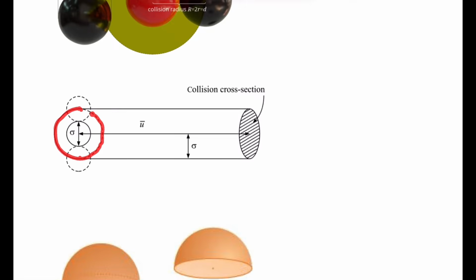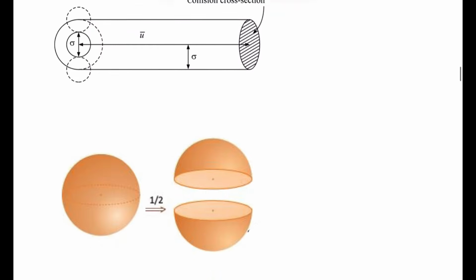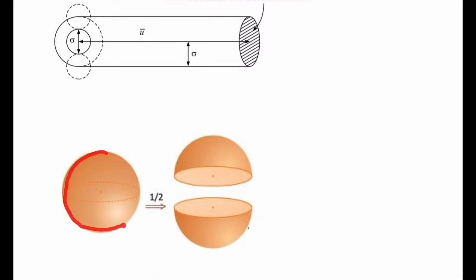And due to this, now you can see there is an imaginary sphere around gas molecule 2. And this is that imaginary sphere. If you slice this sphere through the center, it will be divided into two equal halves, and this is the newly generated plane surface, in fact that is a circle, and the area of this particular circle is the cross sectional area of that imaginary sphere.